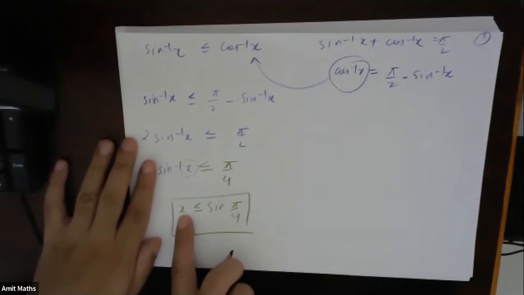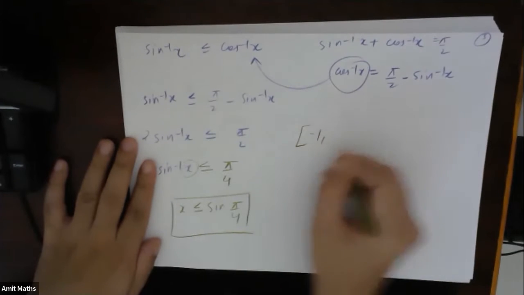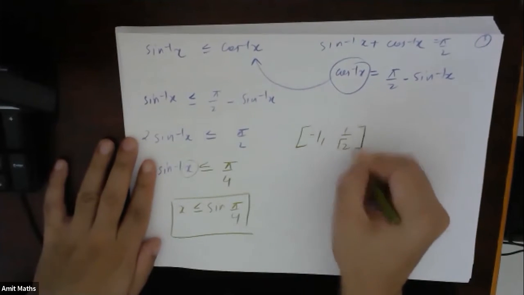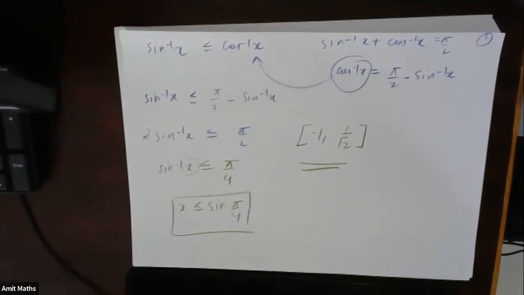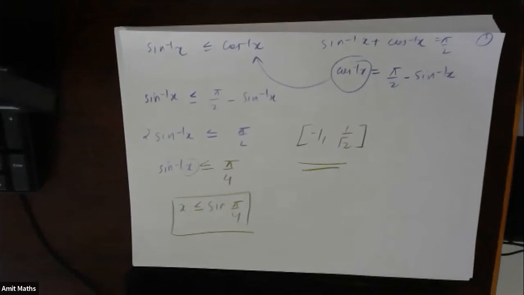So what can be the value of x? x will belong from -1 to 1 by root 2. Fine, understood, everyone?